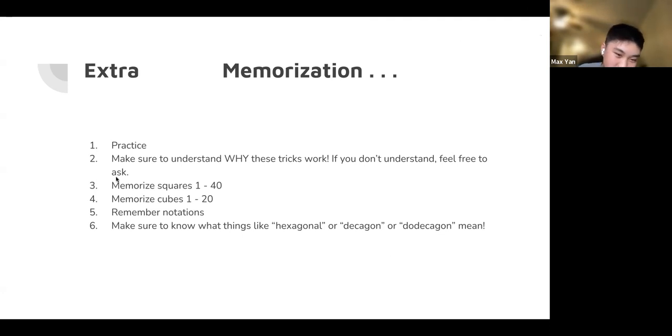So the two big ones are probably to memorize the squares and cubes and to know the tricks. And once you do those, all you have to do is practice. So now we're going to go over the questions y'all had about the test from the beginning of the class.